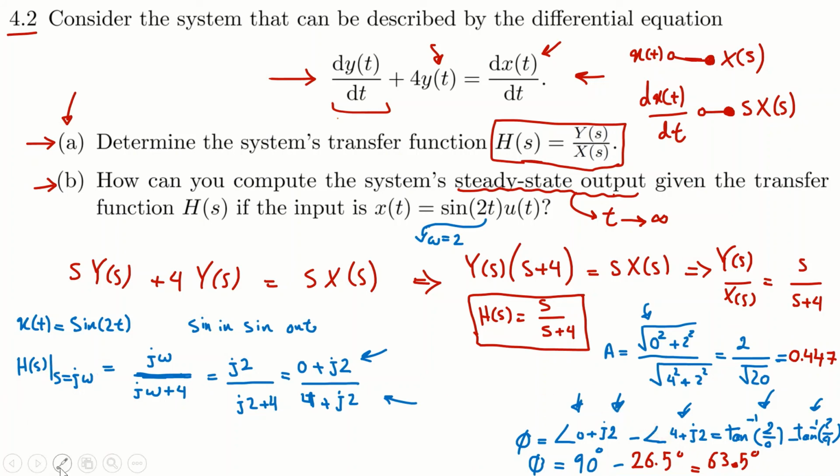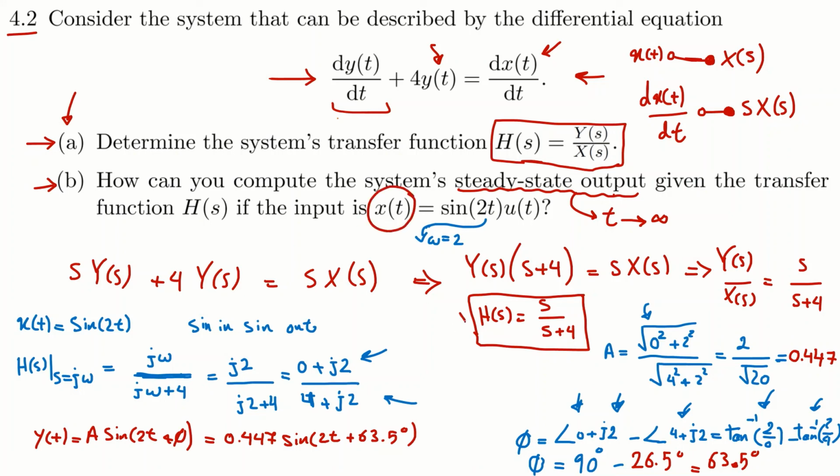So that means I can write the output of the signal y(t), which is equal to A times sine of 2t plus phi. This equals 0.447 times sine of 2t plus 63.5 degrees. This is the output of this system for this input and for this transfer function.